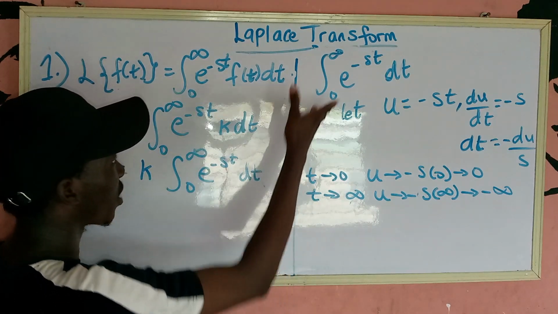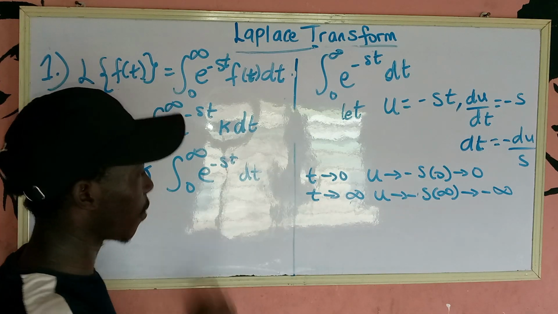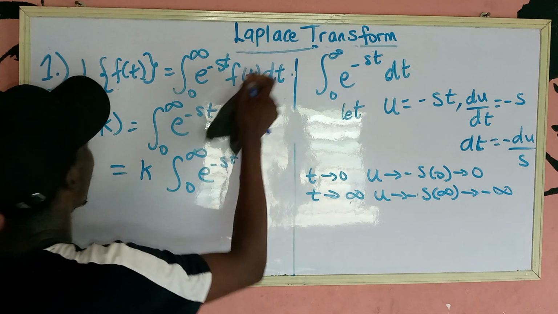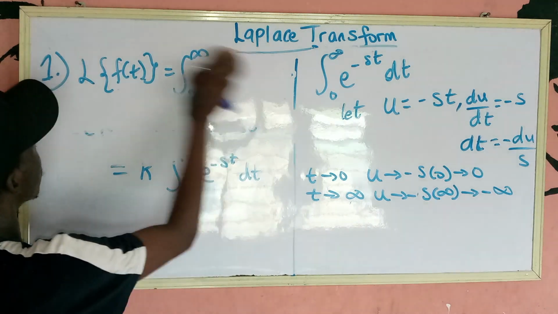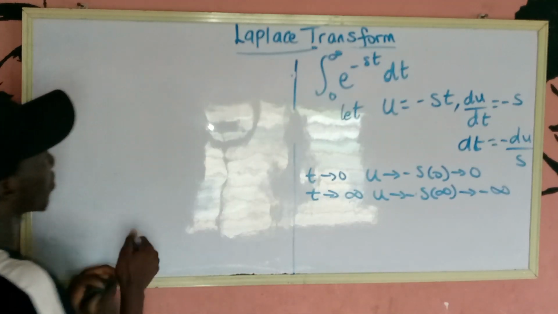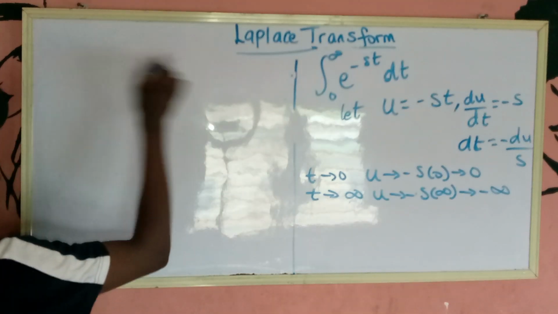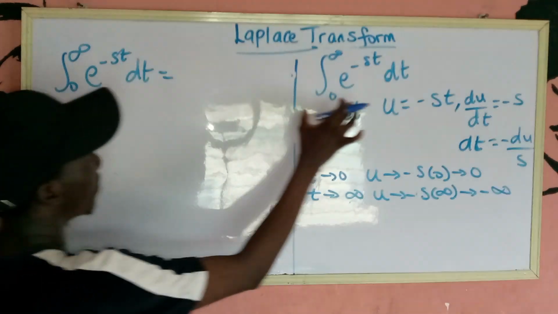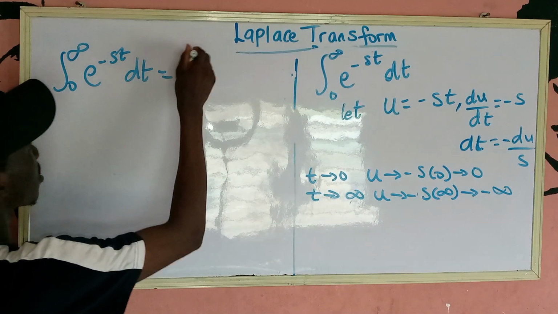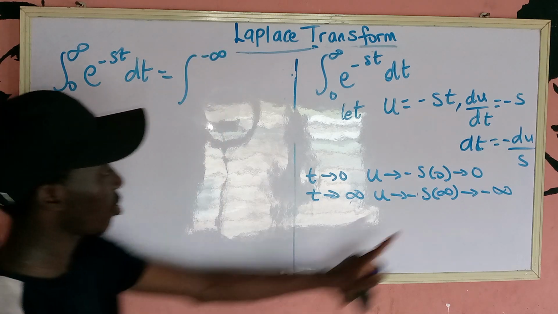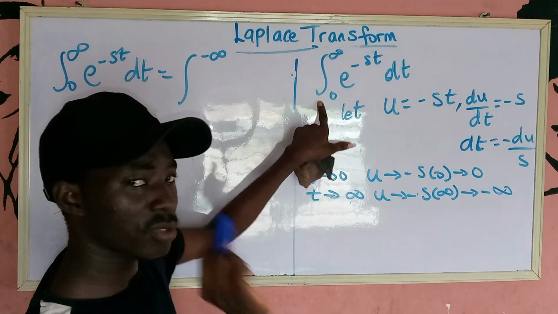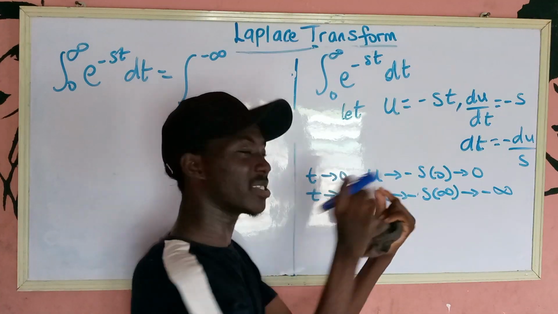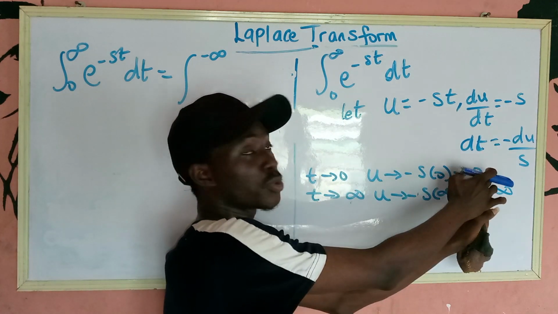From there, we can substitute everything in the question. So this integral becomes: when t is equal to 0, since I made this substitution, u also goes to 0.